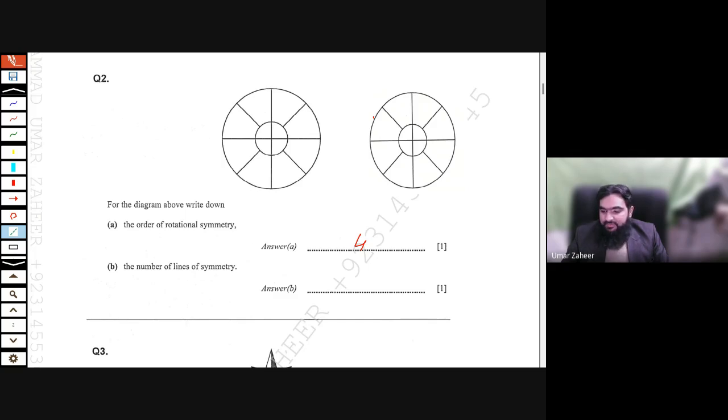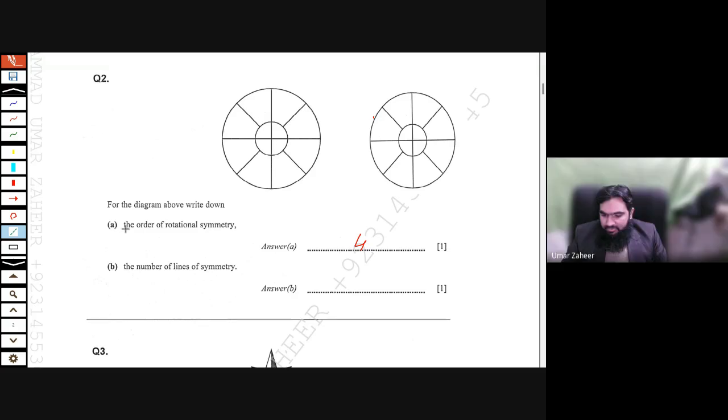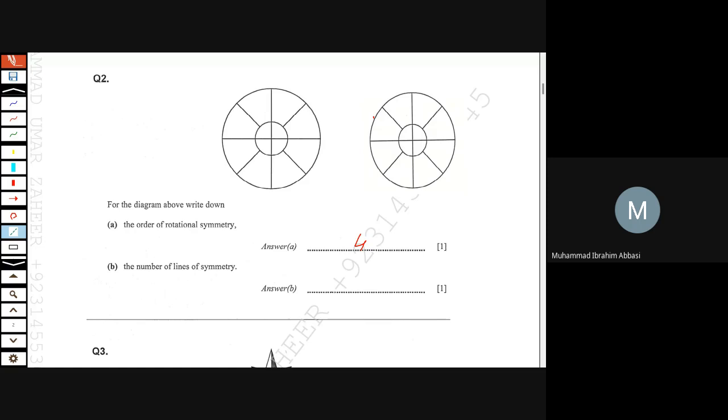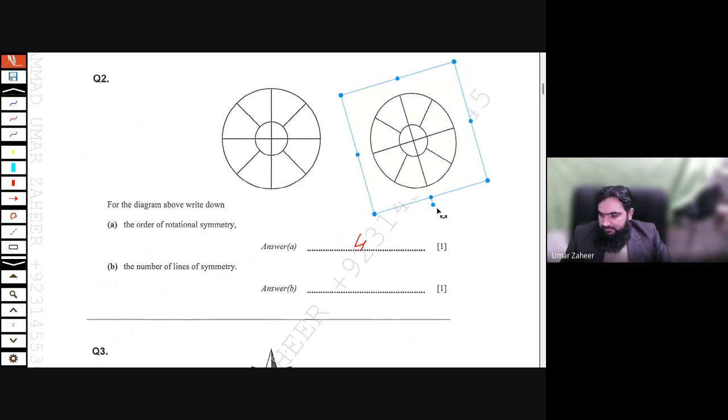Ibrahim, can you please explain your question? So you moved 4 times, right? Then if you do it the fifth time, why would it be wrong? You are talking about the A part or B part? A part. How is it going to be the same? Look here, I'm going to rotate it.